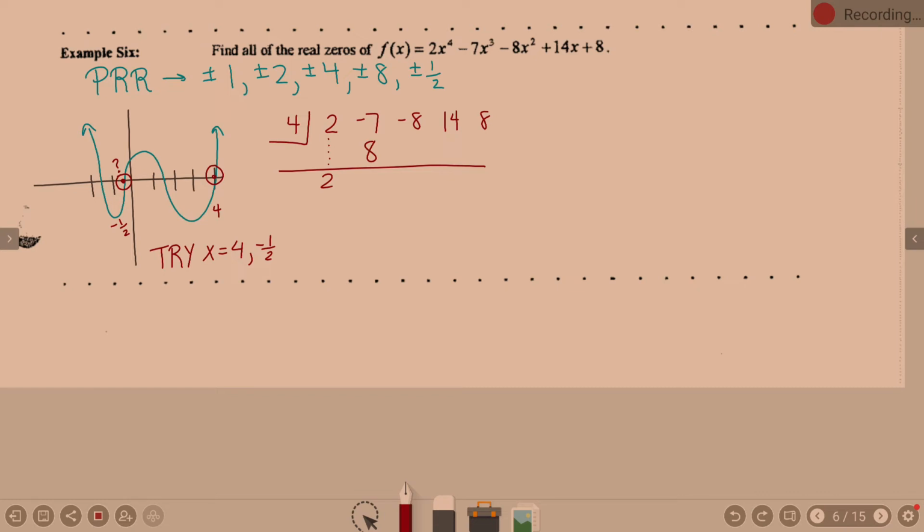Negative 7 plus 8 is 1. 4 times 1 is 4. Negative 8 plus 4 is negative 4. 4 times negative 4 is negative 16. 14 plus negative 16 is negative 2. 4 times negative 2 is negative 8. And we are at 0.